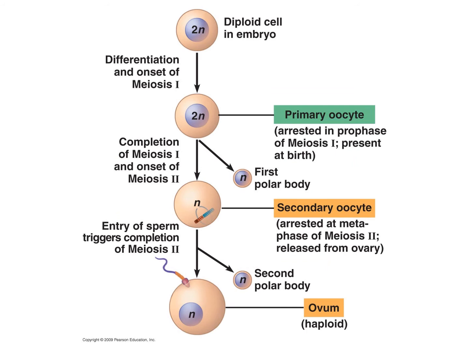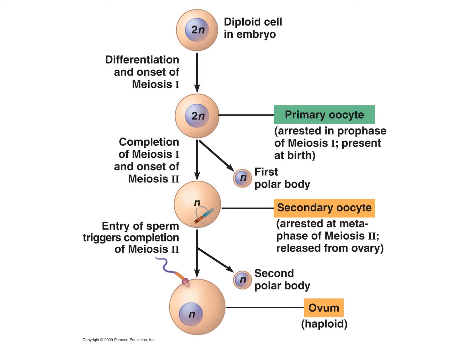In females, though, meiosis is this stop and start process. In females, meiosis actually begins while the female is still an embryo, a fetus. In utero, cells in the ovary start to go through meiosis, and they are arrested in meiosis 1 at birth.